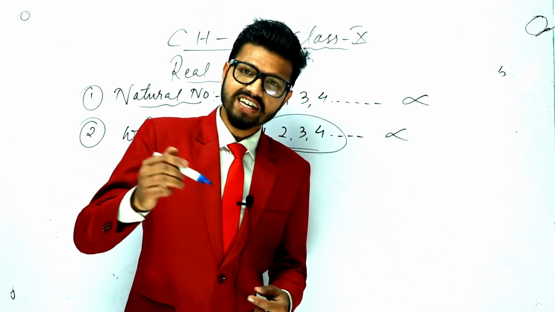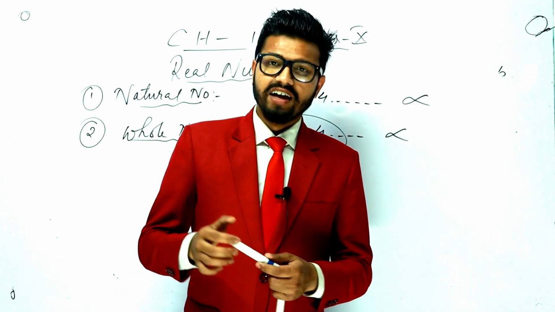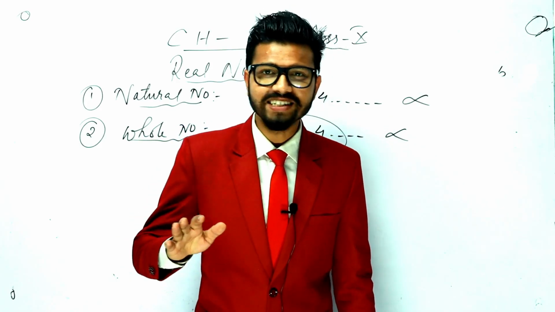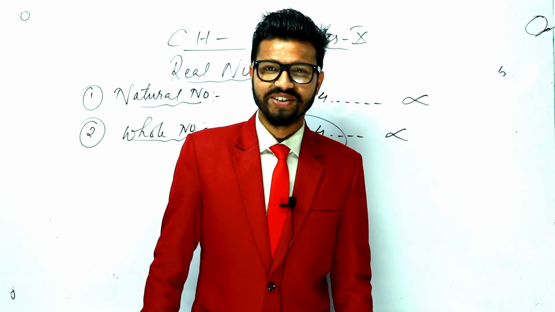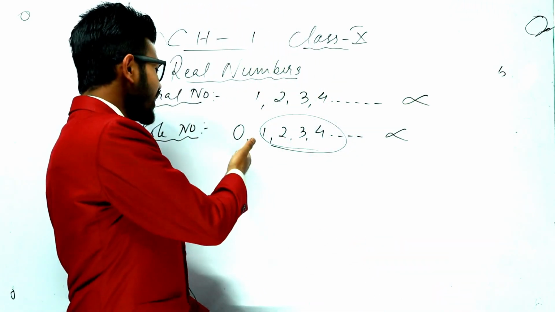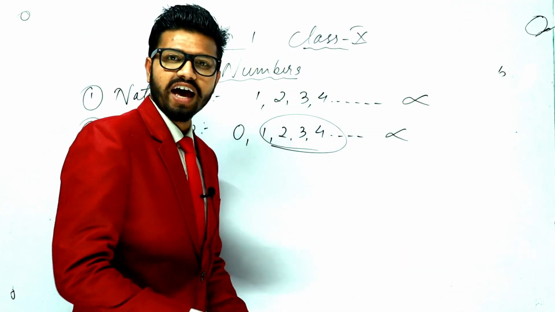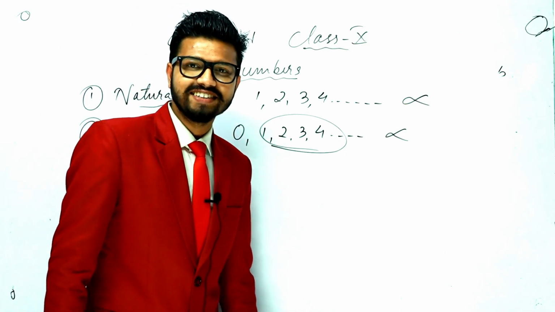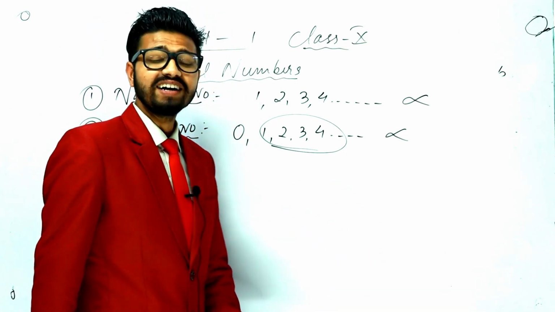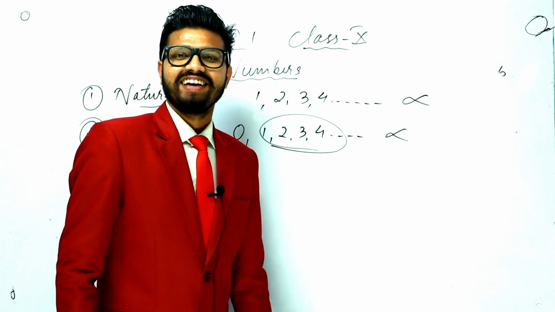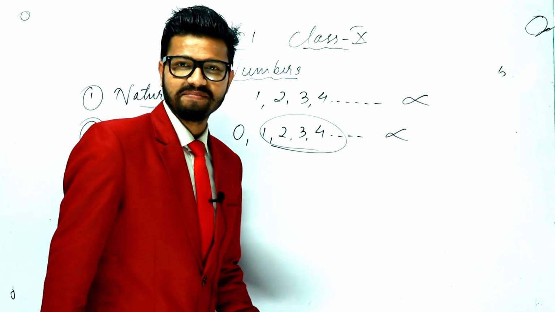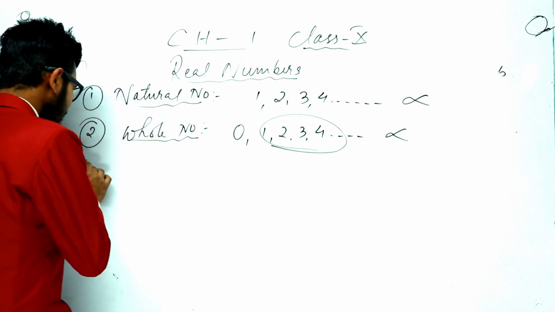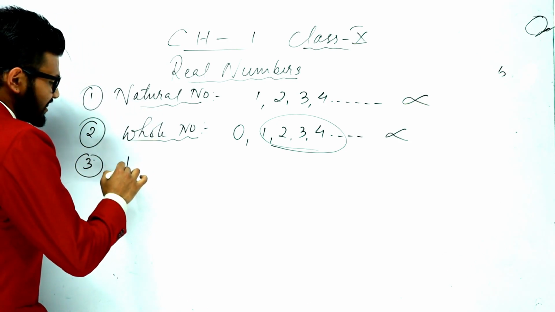But if I revise the question, is every whole number a natural number? Exactly not, because the whole number starts from 0, and we know that in natural numbers 0 doesn't come. So we cannot consider every whole number a natural number.